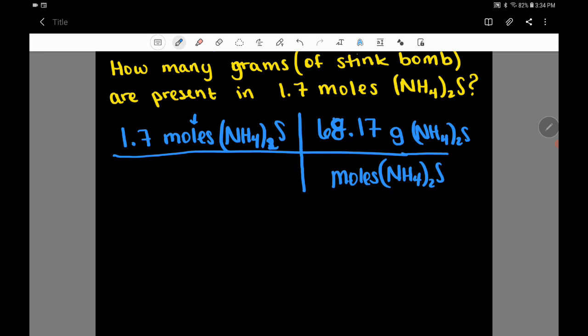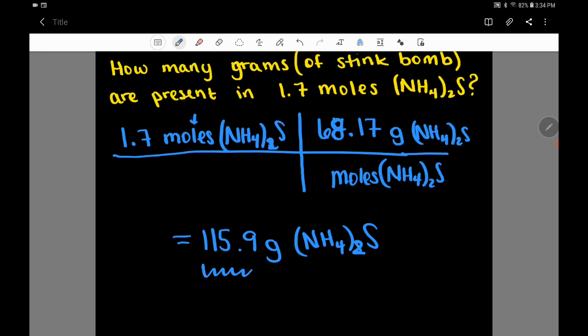So when we take 1.7 moles times 68.17 grams per mole, we get 115.9 grams of ammonium sulfide. So if I had 1.7 moles of ammonium sulfide, I'd put that on my scale, and I should have 115.9 grams.